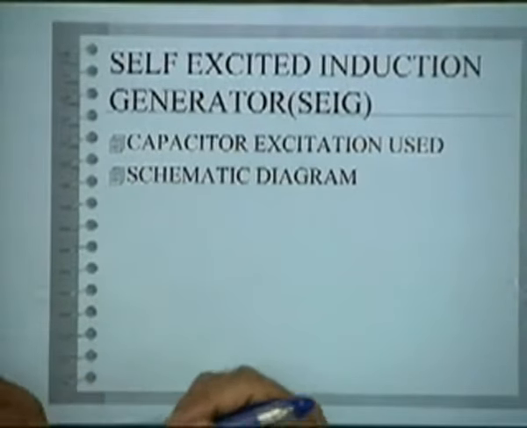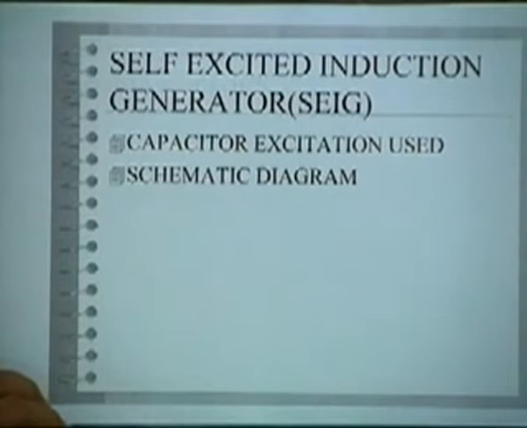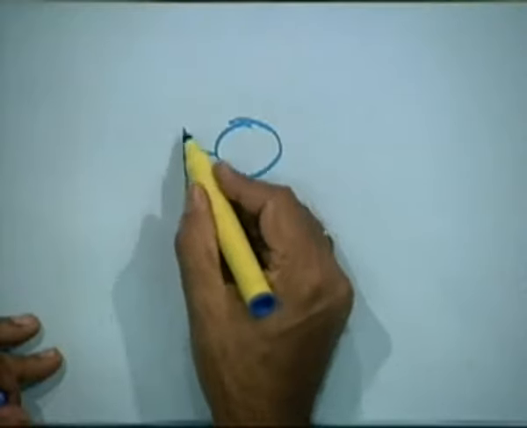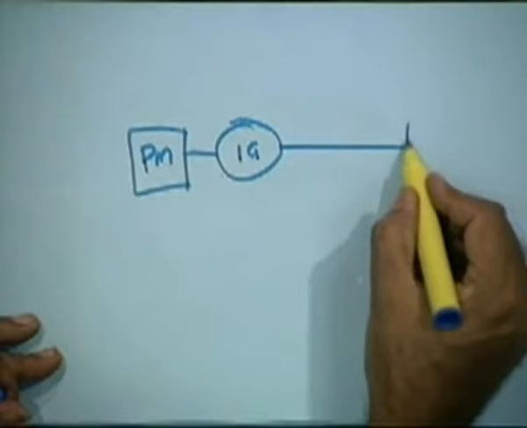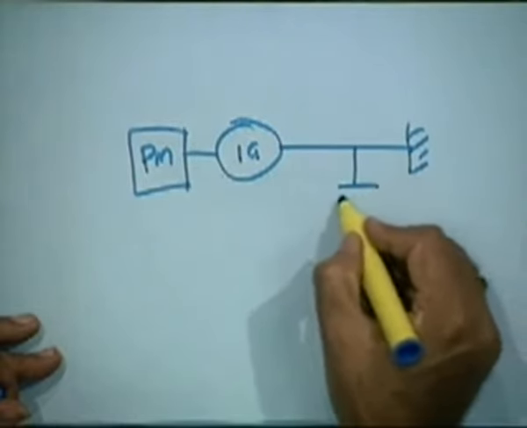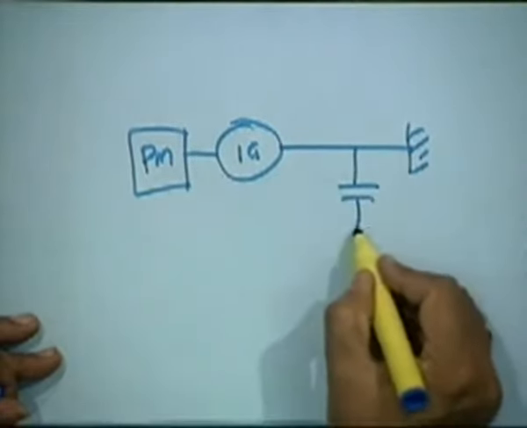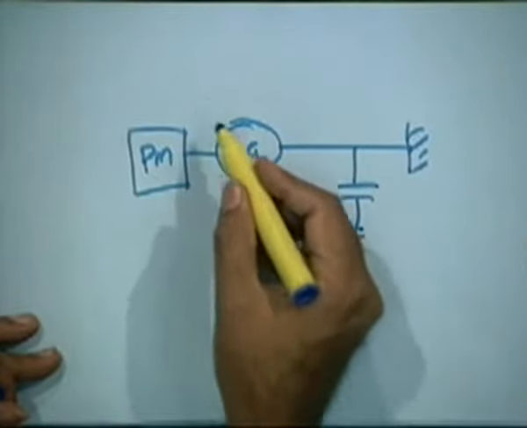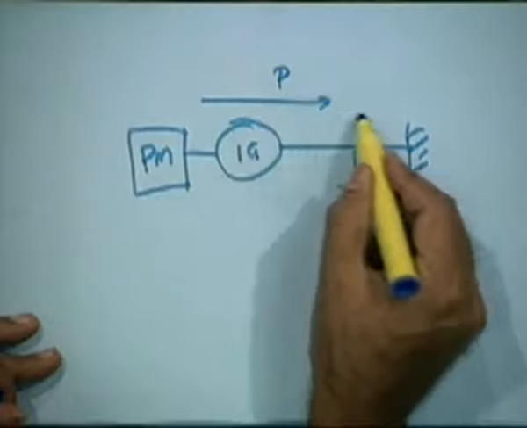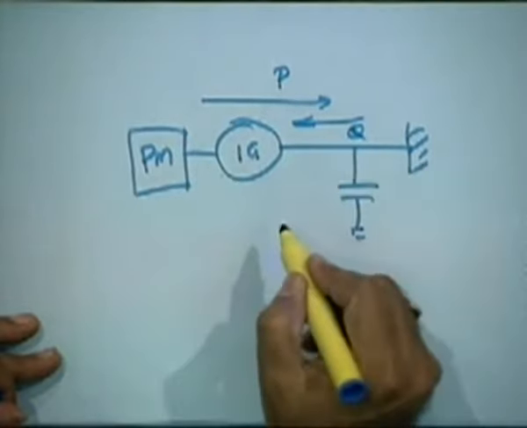We use capacitor excitation, because in the last class we said that if it has to feed the grid, there is a prime mover, an induction generator, and it feeds the grid, and we connect a capacitor, right? And the capacitor was supposed to supply the reactive var required. So P goes from here, and Q was coming from here, right?